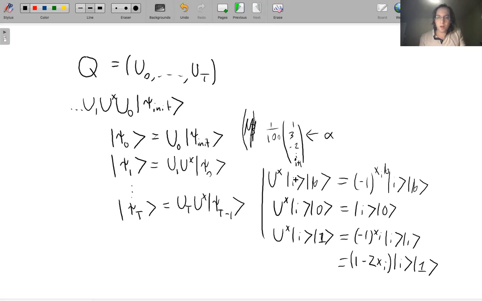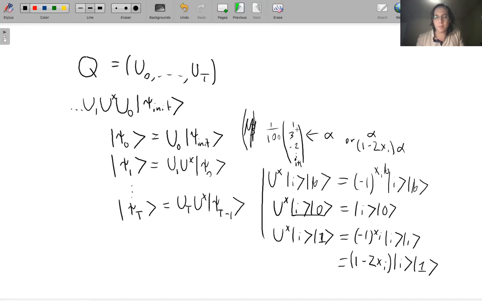What U_X does to this entry is that either this alpha becomes alpha, in the case that this entry corresponds to a basis state that looks like this, or else it becomes (1 minus 2 x_i) alpha. So each amplitude here either gets left unchanged or gets multiplied by 1 minus 2 x_i for some i.